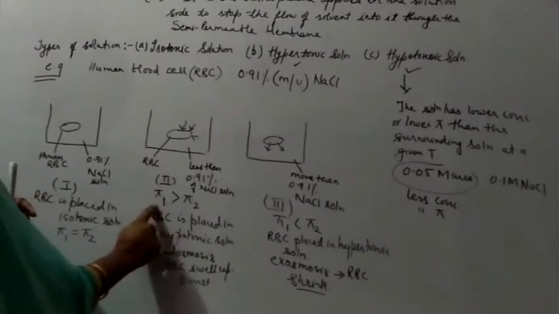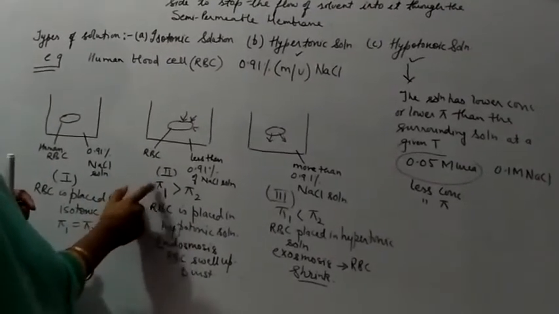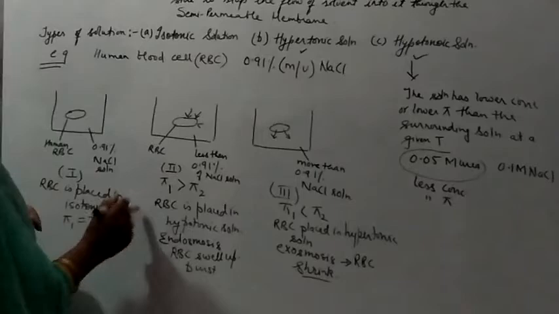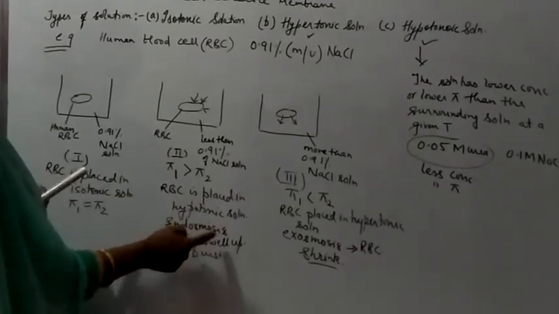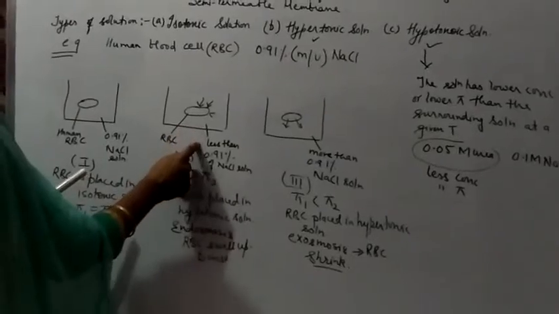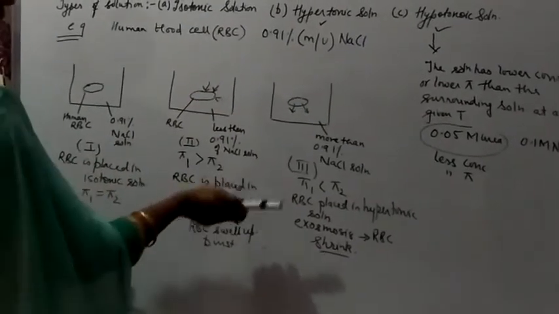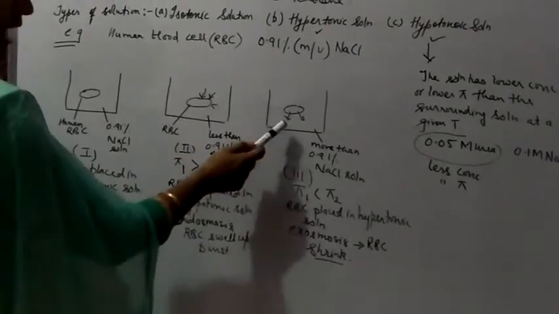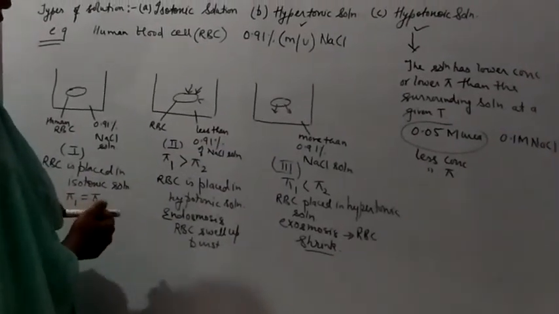So when the RBC is present in hypotonic solution, endosmosis will take place, and when the RBC was placed in hypertonic solution, in that case exosmosis will take place.